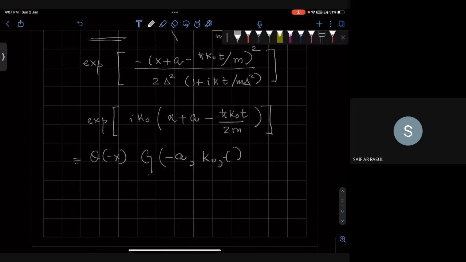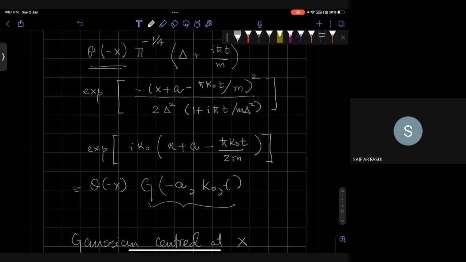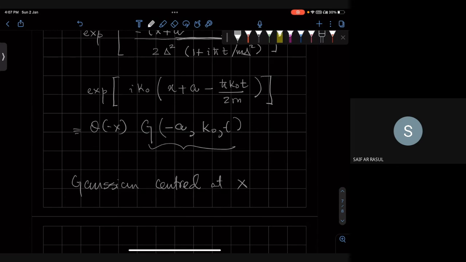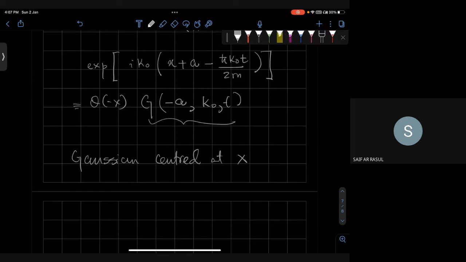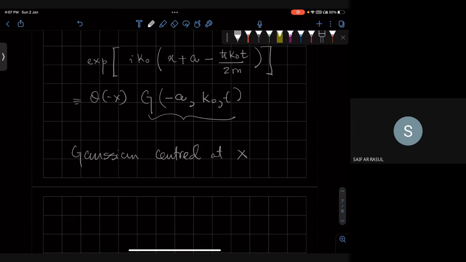So this guy is a Gaussian centered at x equals to minus of this, x equals to minus a plus h bar k naught t, right?